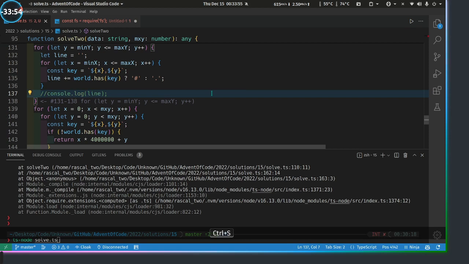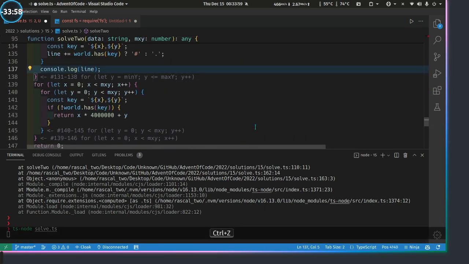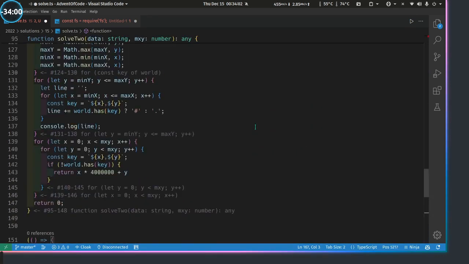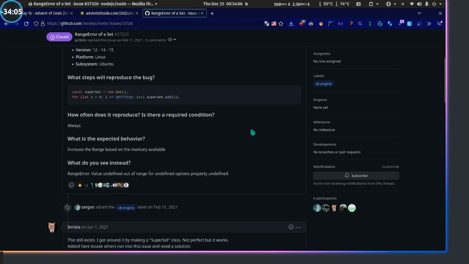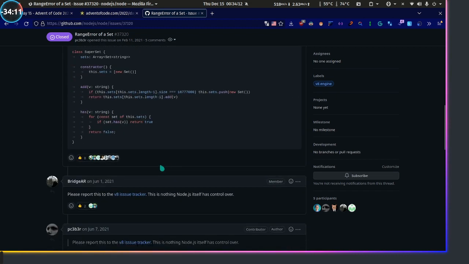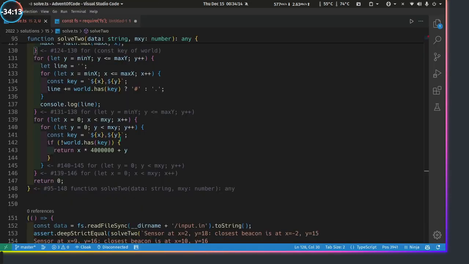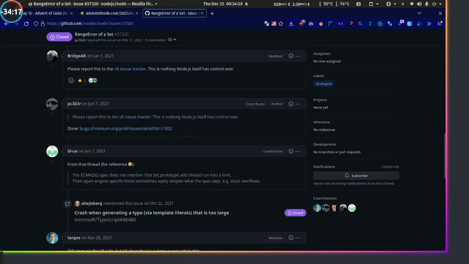Again, it's... Gotta optimize it better, but getting to reset. Making a superset class. Sure. I mean, my efficiency's already kind of down, though. I don't think a superset's gonna help.